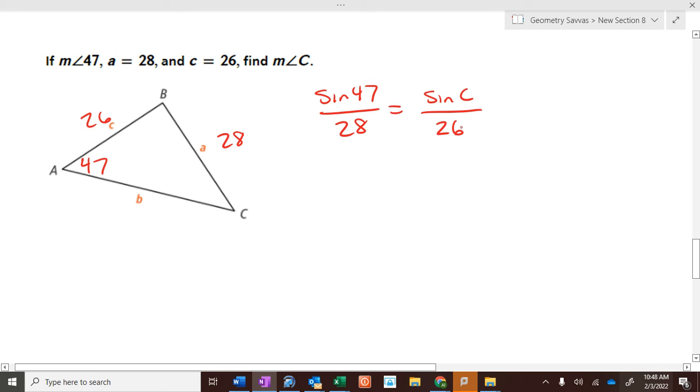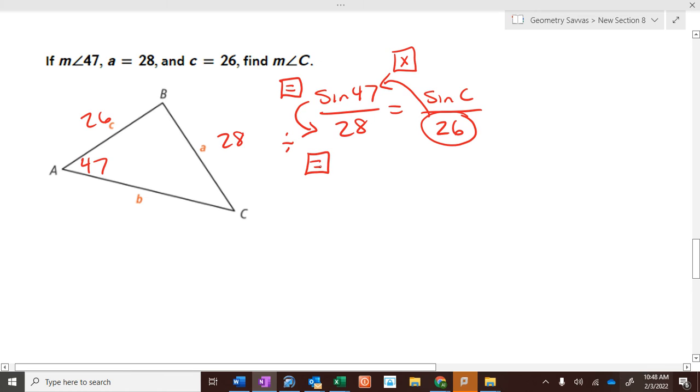So which number do we start with on our calculator? Start with 26 times the sine of 47 equals, divided by 28.